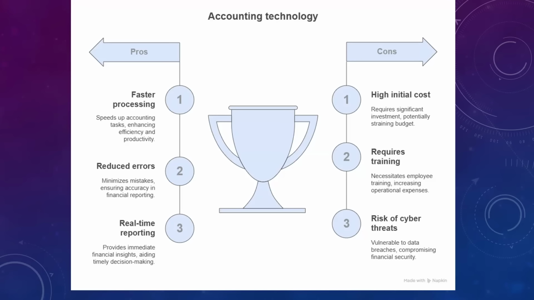I'm not saying that errors will not happen. It's still possible to have errors. It's just that you're going to have fewer errors if you're using accounting software, or fewer opportunities to make errors. And you can get financial insight immediately. I don't have to sit down and calculate different percentages and analysis and stuff like that. I could just click a button and get it done automatically or immediately.